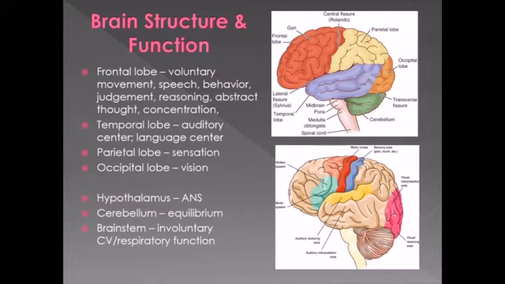Down in the hypothalamus and the thalamic area, that's where your autonomic nervous system is controlled. The cerebellum is responsible for balance and equilibrium, and your brainstem that contains the midbrain and the pons, that controls the involuntary cardiovascular and respiratory function.